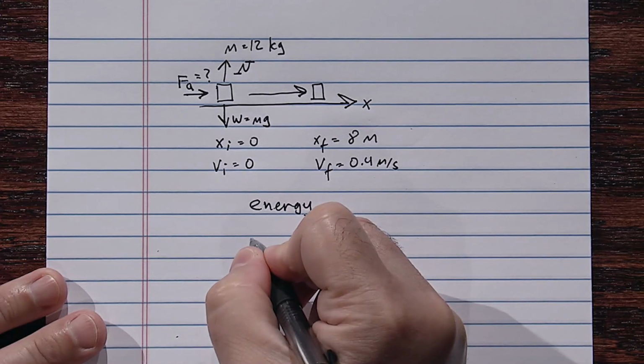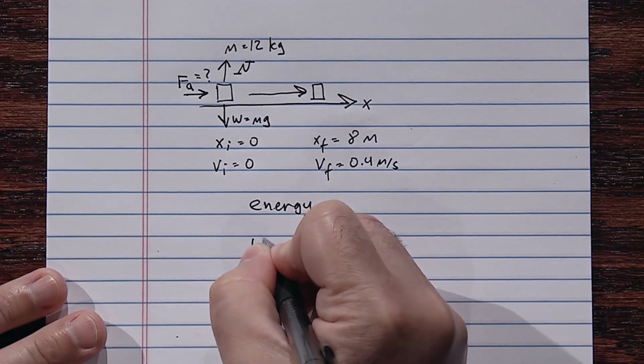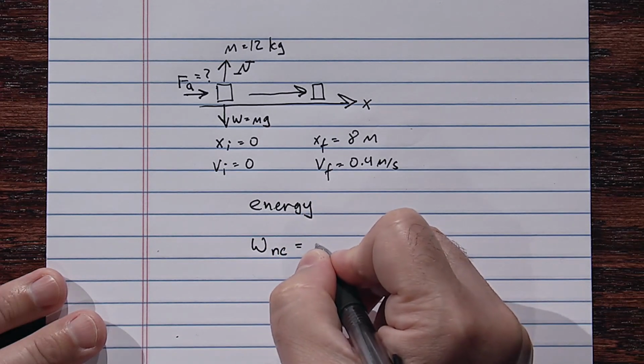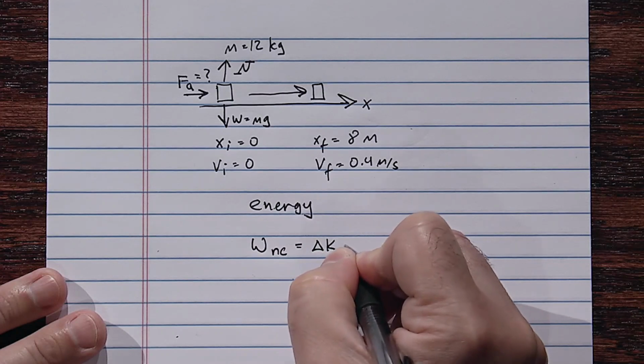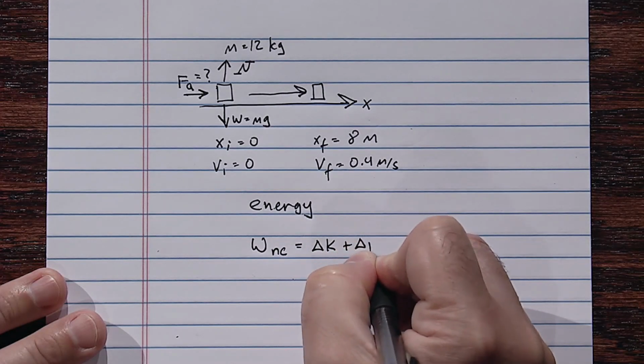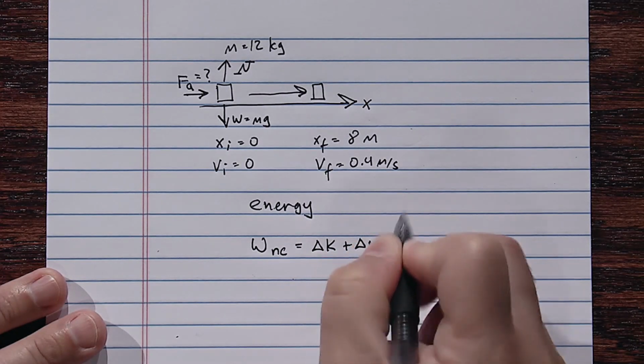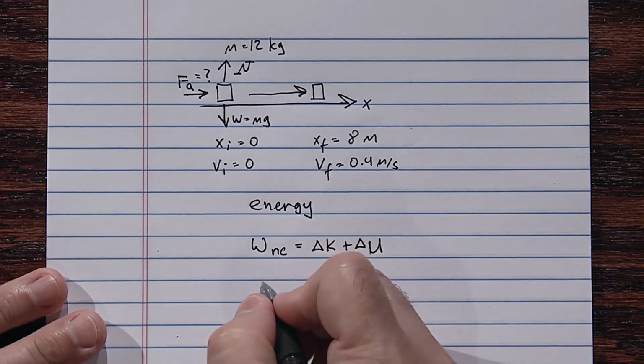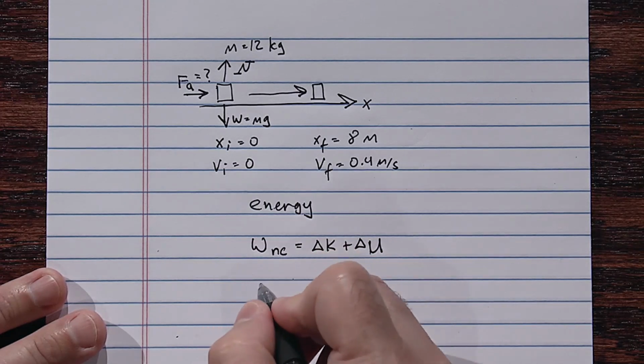And we start our energy situation with work done by non-conservative forces is equal to the change in kinetic energy plus the change in potential energy. We'll expand this out a little bit.